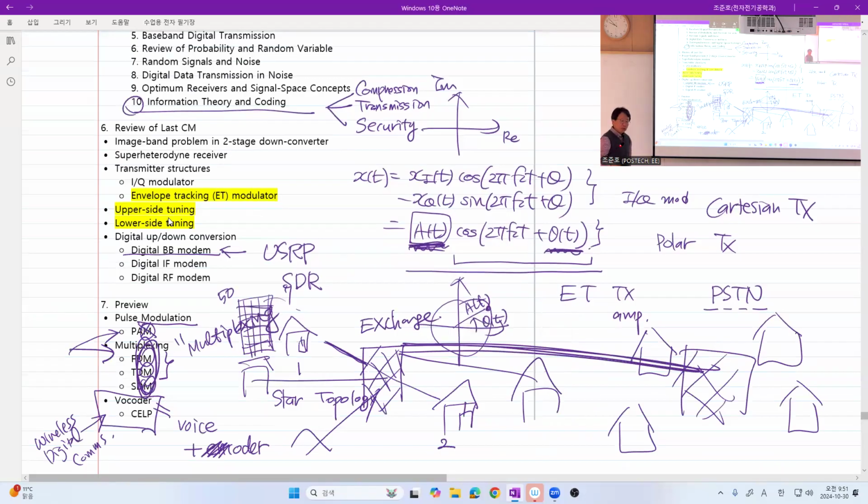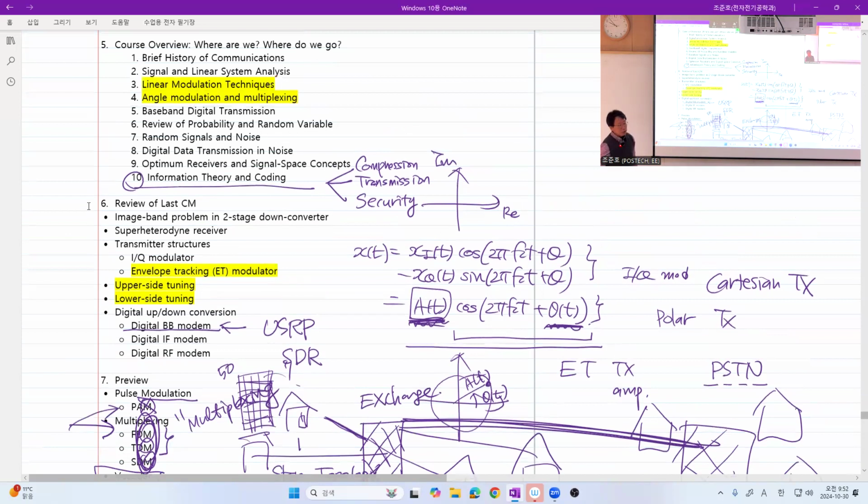Okay. So our main discussion in chapters 3 and 4 is, you may regard, wireless voice. In the first, chapter 3, it was wireless voice with linear modulation. In chapter 4, wireless voice with nonlinear modulation.